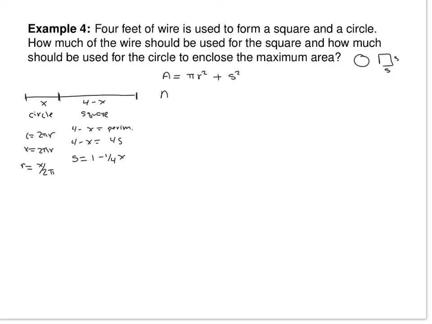Okay, so then the area equation is pi times x over 2 pi squared plus 1 minus a quarter x, the whole thing squared. And just simplifying a little bit, we have pi times x squared over 4 pi squared plus 1 minus 2 quarters x plus 1/16 x squared.